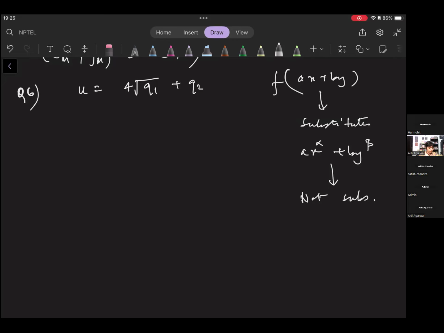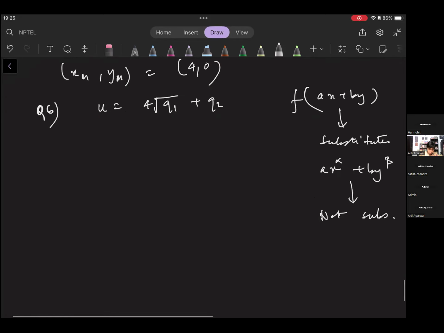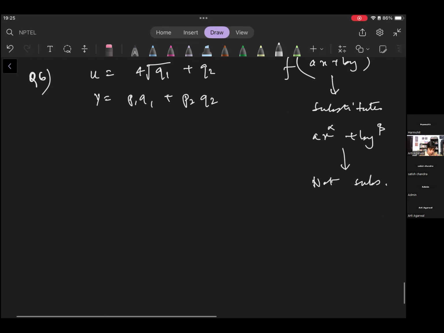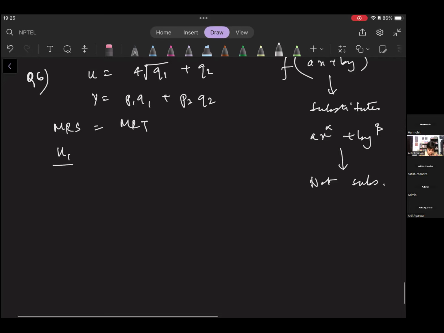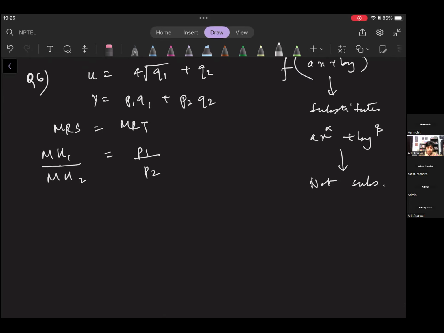The first thing we will do in this case is write the budget function also. Let's say y is equal to P1 Q1 plus P2 Q2. Now let's first write the MRS equal to MRP condition. MRS is MU1 by MU2 is equal to P1 by P2. Now let's calculate MU1. MU1 is nothing but del U by del Q1.